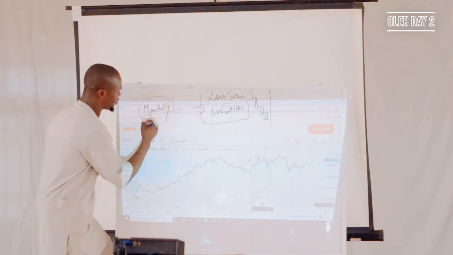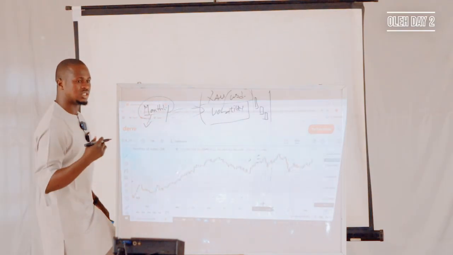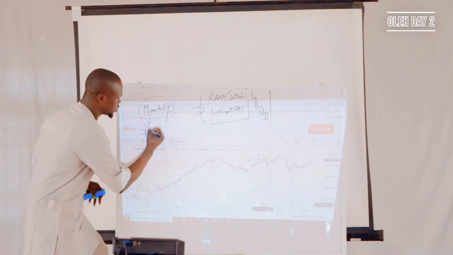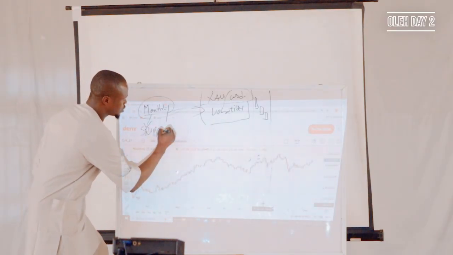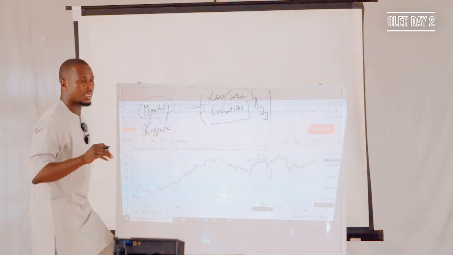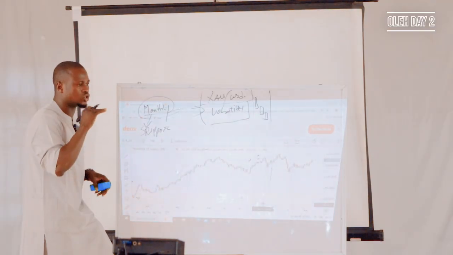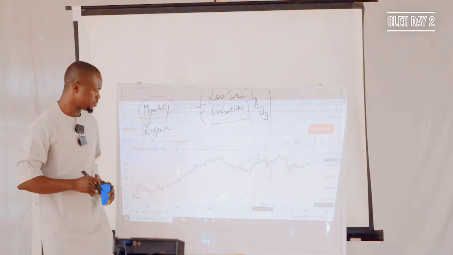Now I'm on the monthly time frame. The number one thing I said you should do is to look for support, which is our foundation. Because without the foundation, the house will not stand. So let's look for the support. And how will I look for it?